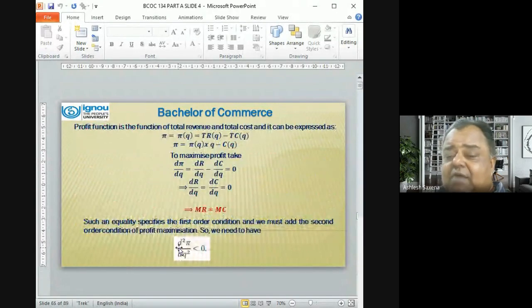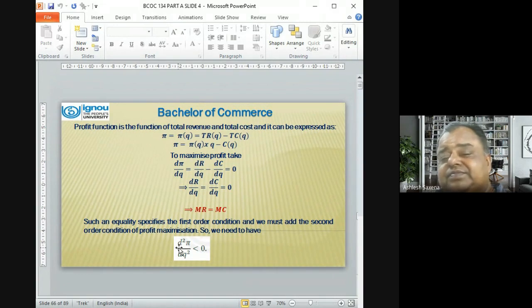Now see how things are made understandable in mathematics. Profit function is a function of total revenue and total cost, and it can be expressed as pi equal to TR minus TC. Total revenue is price into quantity.